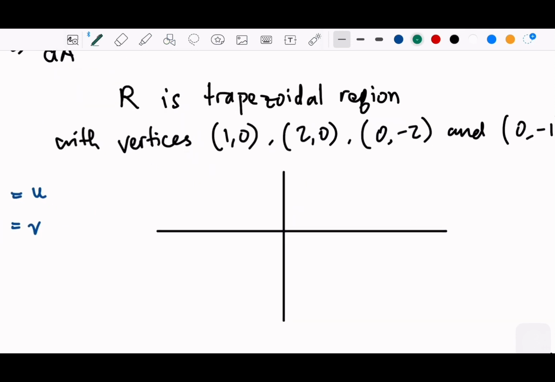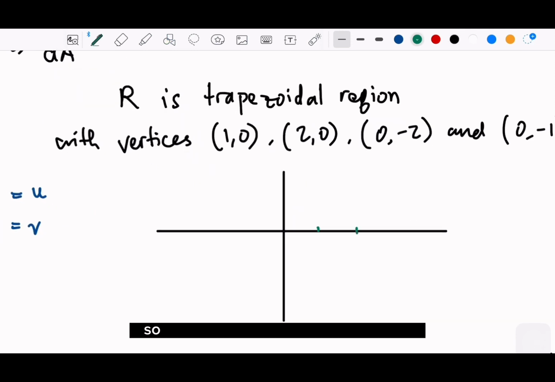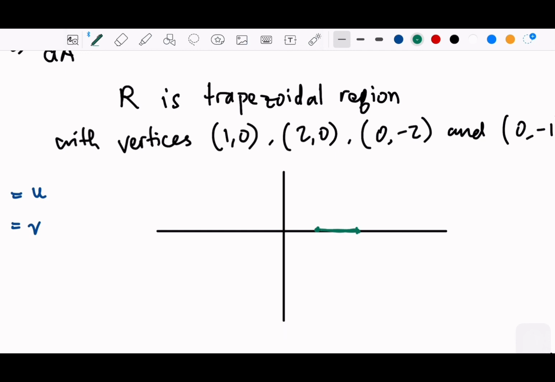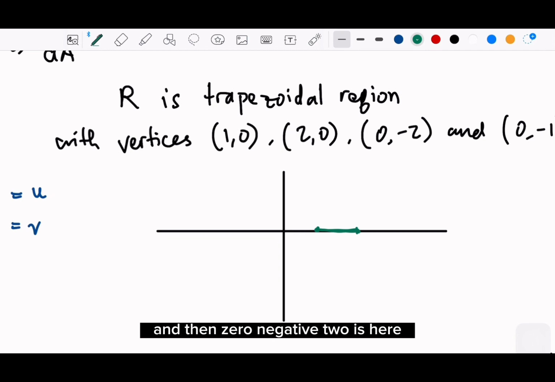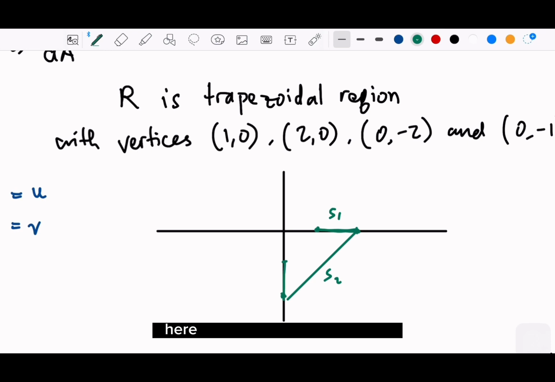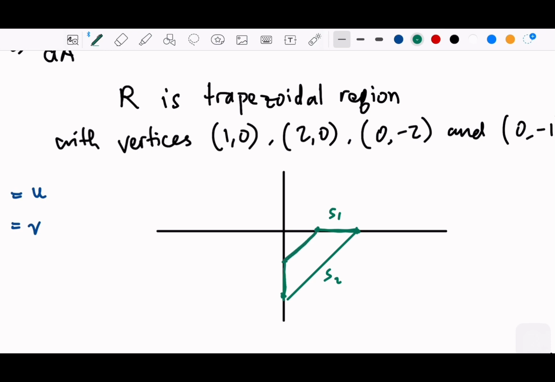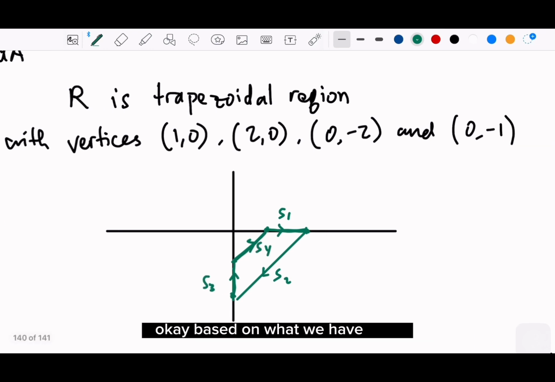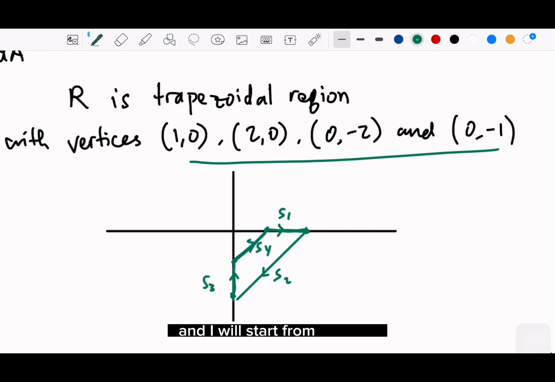So this is 1, this is 2, so perhaps these are the 2 points. And then (0, -2) is here, (0, -1) is here, so maybe this is S1, this is S2, here, and then going back there. Okay, based on what we have here. And I will start from (1, 0). Okay.